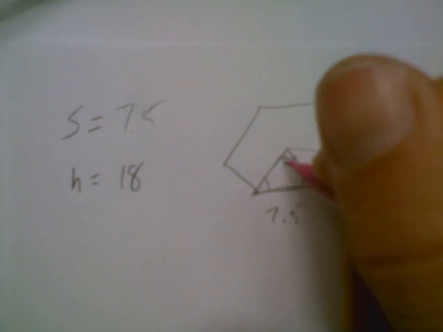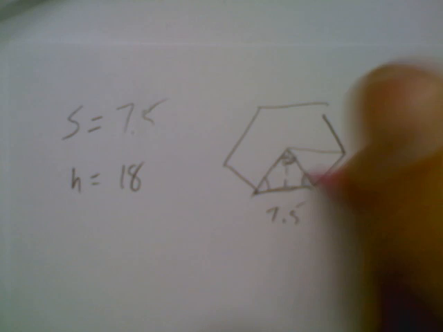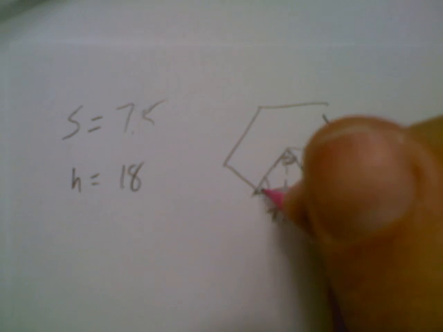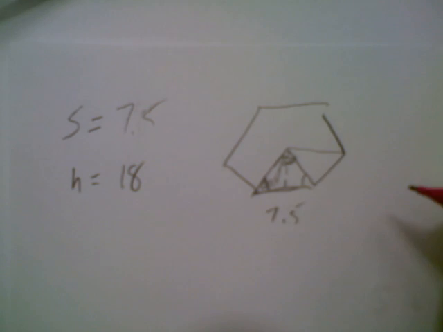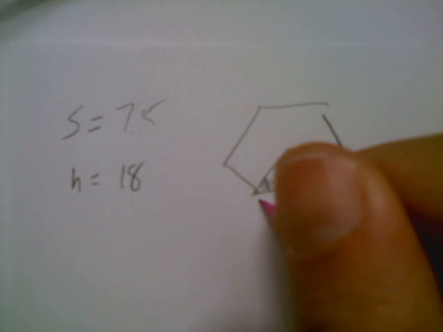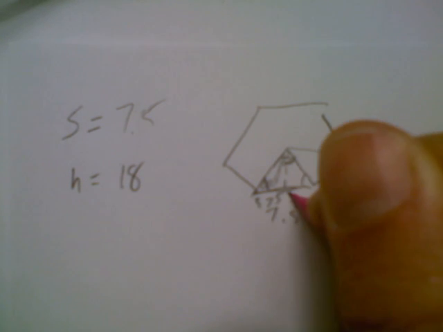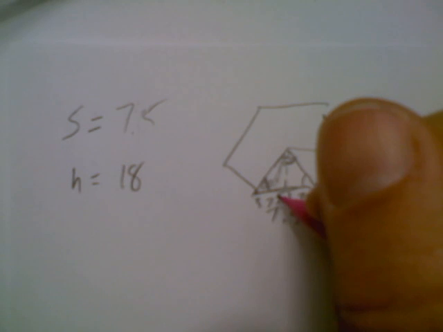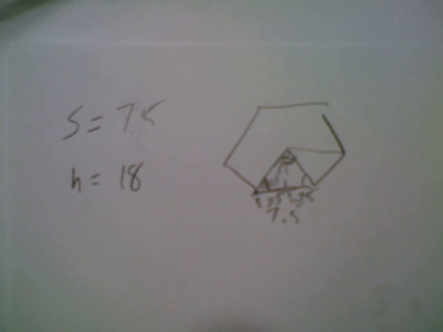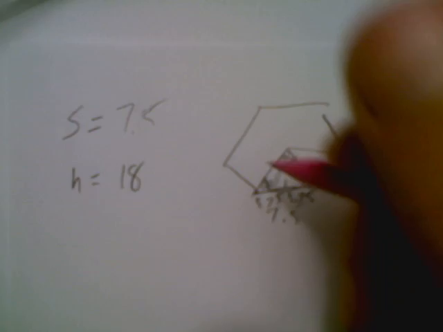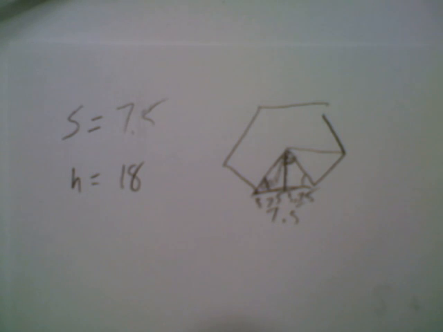We know that this is now a 30, 60, 90 when we split it up right here. This is 3.75, 3.75. And we know that this height right here would be that times the square root of 3.